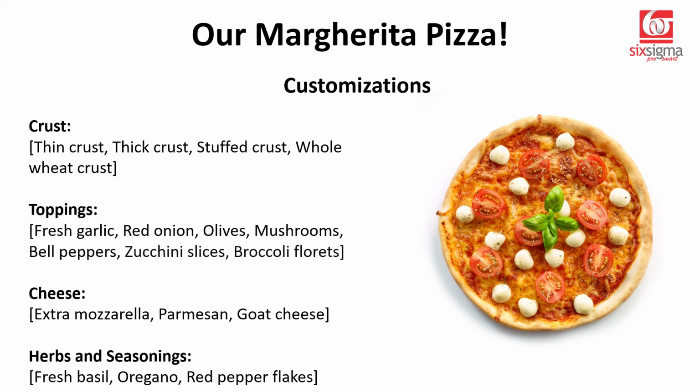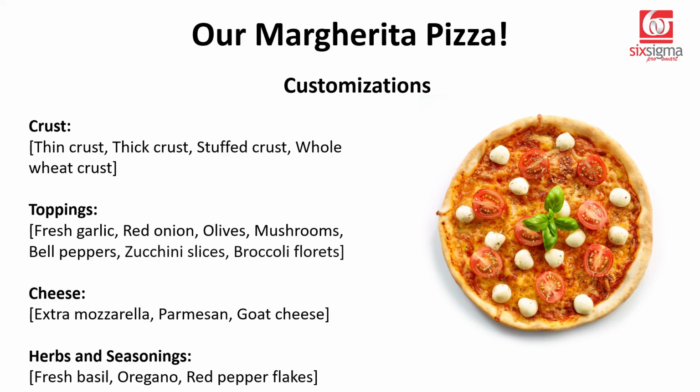So one way is that you want to come up with the best pizza and you want to experiment with various possible combinations of crust, toppings, cheese, herbs, and seasonings. So you could be trying a thin crust with red onion, olives, and extra mozzarella with fresh basil. Or you could try a stuffed crust which already has some cheese stuffed into it with fresh garlic, zucchini slices, and goat cheese.